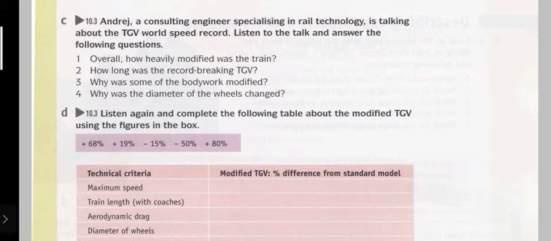Of course aerodynamics affects transport: the car, the bicycle, the train, the plane, everything. It reduces speed. So the shape or the design of the body of the train, car, plane, anything would determine to what extent it is aerodynamic.